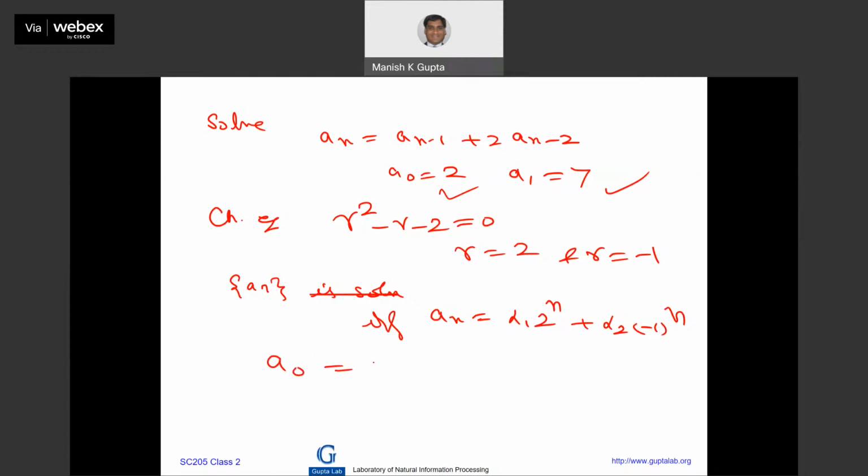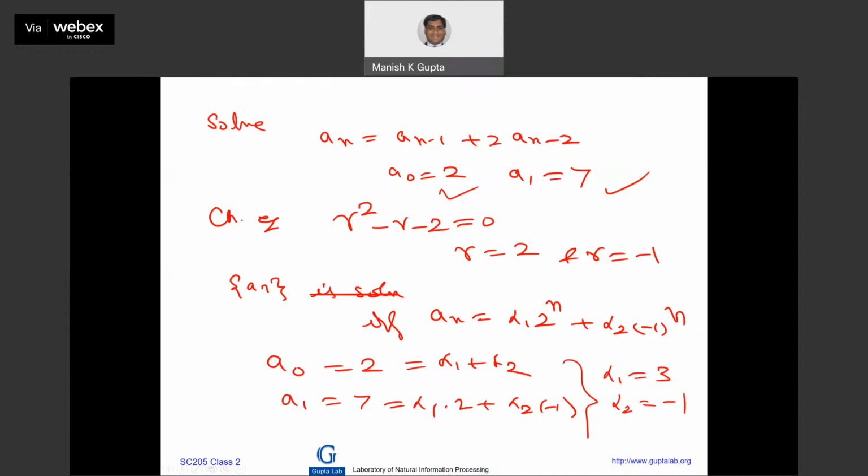We have a0 is equal to 2 is equal to alpha 1 plus alpha 2. a1 is equal to 7 is equal to alpha 1 times 2 plus alpha 2 times minus 1. If we simplify, alpha 1 is equal to 3, alpha 2 is equal to minus 1. So a(n) is equal to 3 times 2 raised to n minus 1 raised to n. Got it?